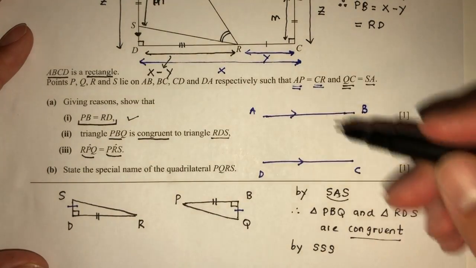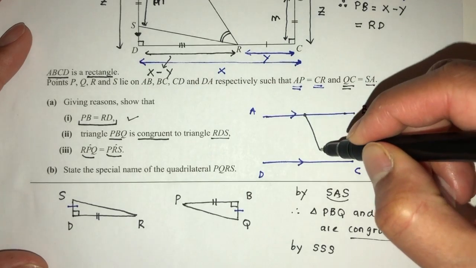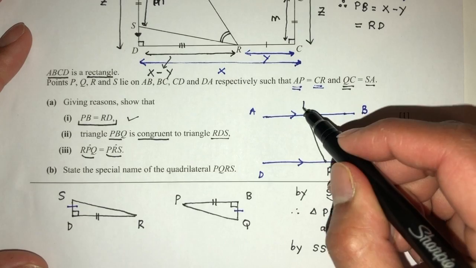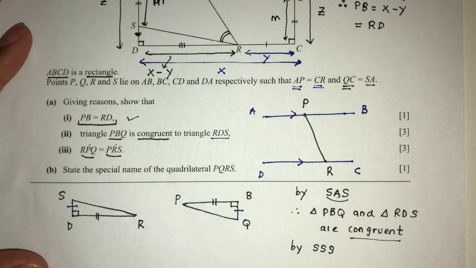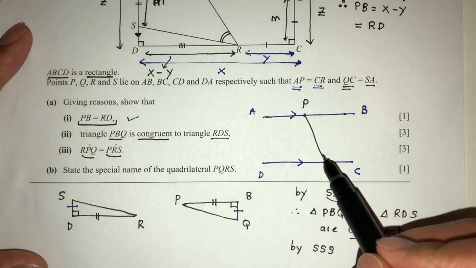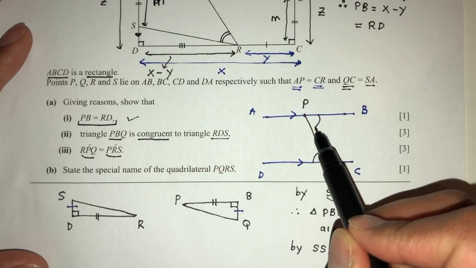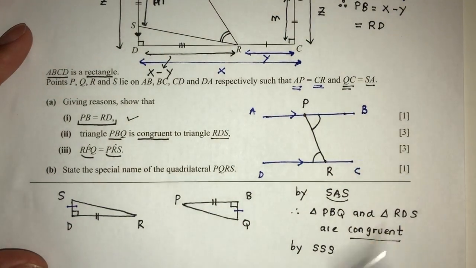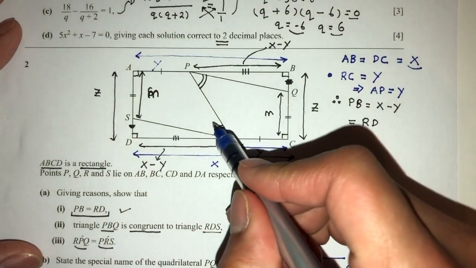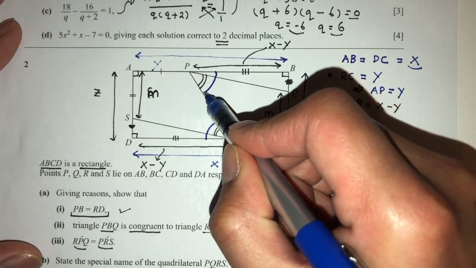Right. Now, since the point P is here, it is joined to the other line to a point R, so R is here, this is point P, right? And then, because of that, we can conclude that this big angle has to be the same as this big one. So, let me go back to the diagram. Because these two are parallel, this angle here has to be the same as this one.